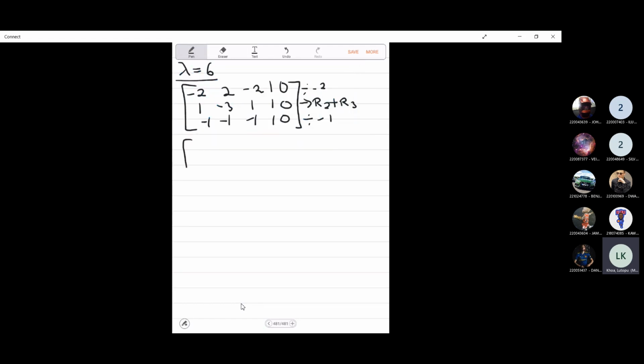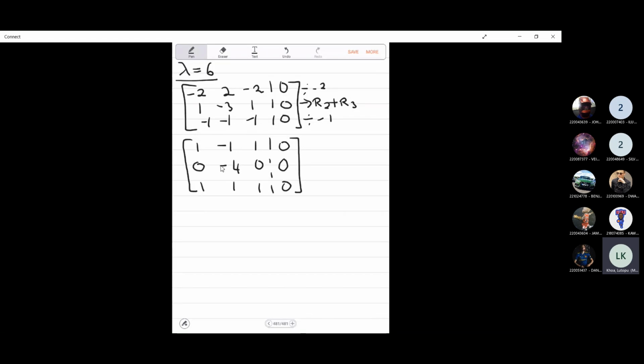Okay, so this will give us 1, -1, 1, 0. Then row 2 plus row 3, this is 0, -4, 0, 0. And then divide everything by -1. I have 1, 1, 1, 0.